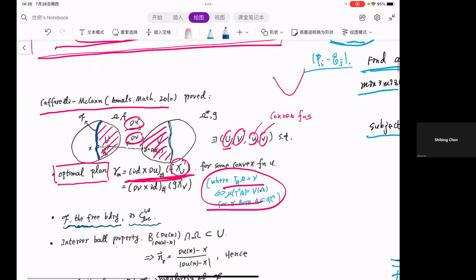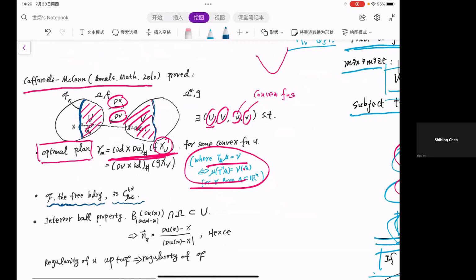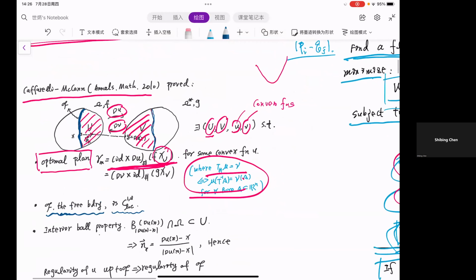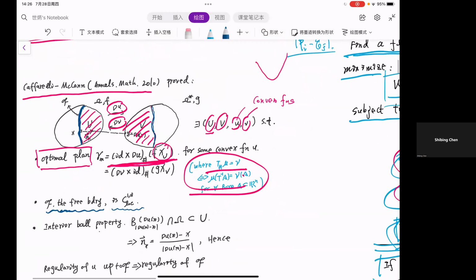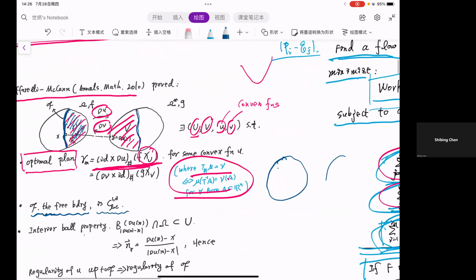Maybe you will be curious about things like this. Why is the mass exactly separated? For example, here the shadow part is the mass participating in the transportation. If here you have 50 total mass and here 80 total mass, you only need to transport 30.